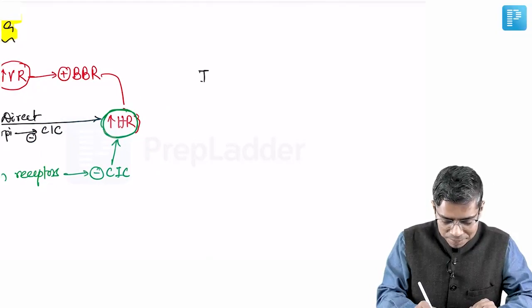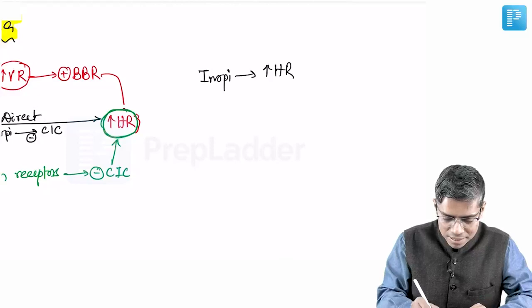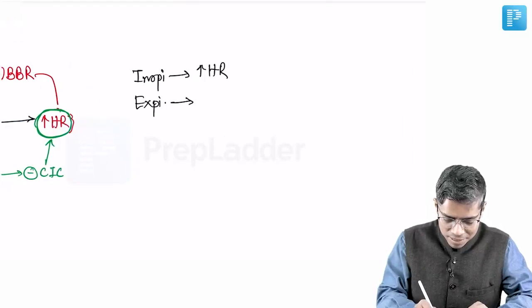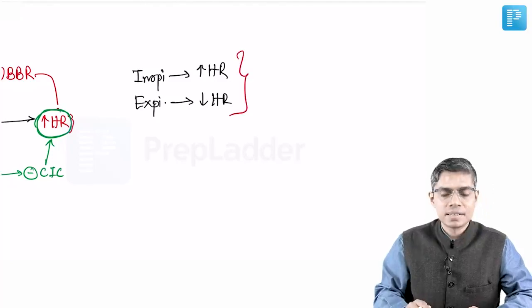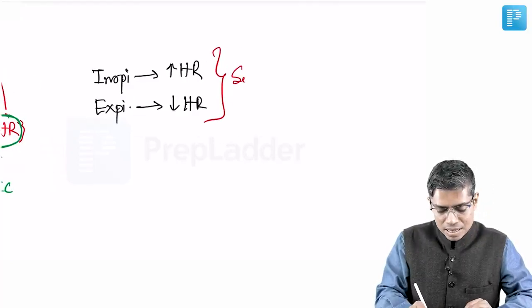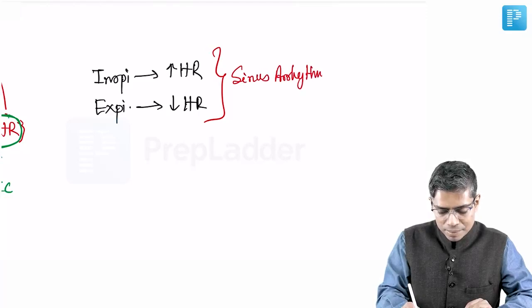So please remember, if you are taking inspiration, heart rate is rising. If you are exhaling, in expiration, then your heart rate is decreased. This change in heart rate along with respiration is known as sinus arrhythmia.